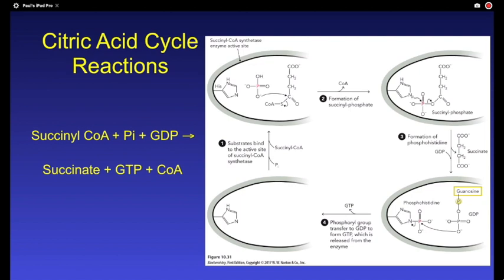And the artist did not study organic chemistry. We kick up and kick down, and the succinate falls off. The phosphate is transferred to the enzyme for just a little while, and then the GDP comes in, and I kick up and I kick down, and GTP falls off. So this actually has just a slightly different mechanism because of the enzyme itself. All right?